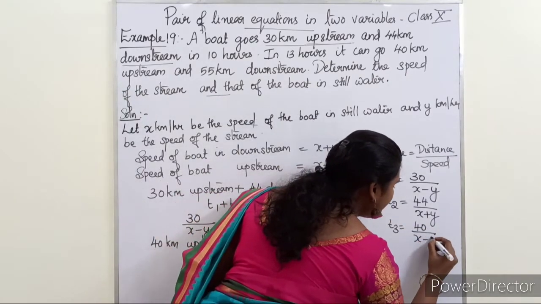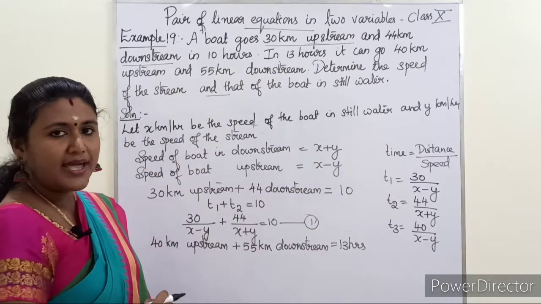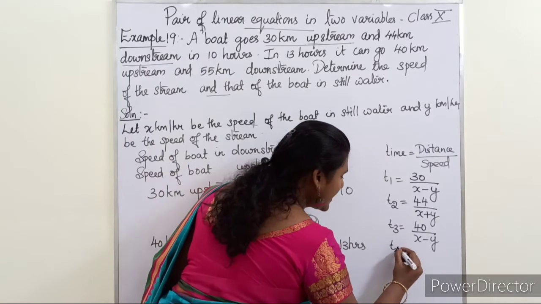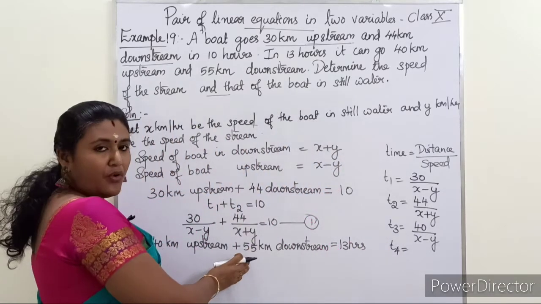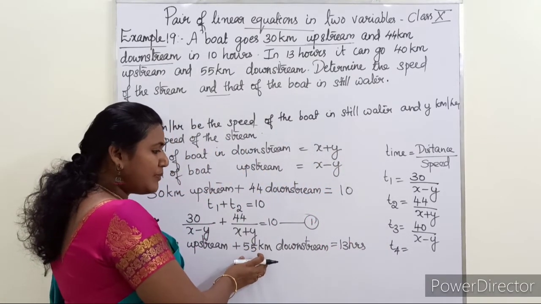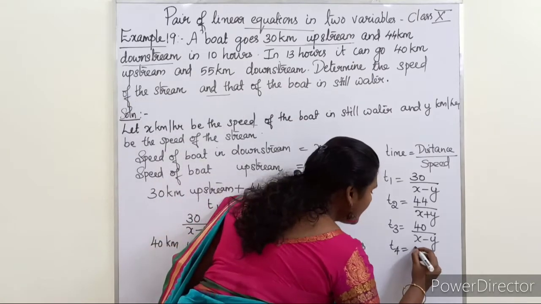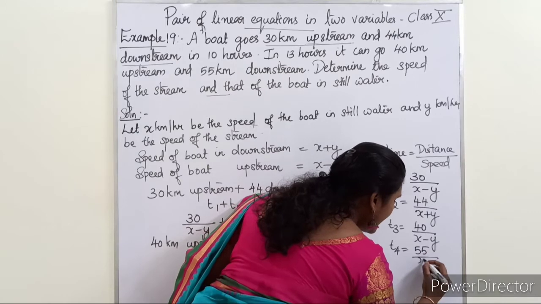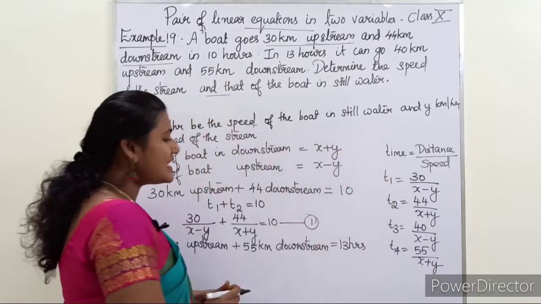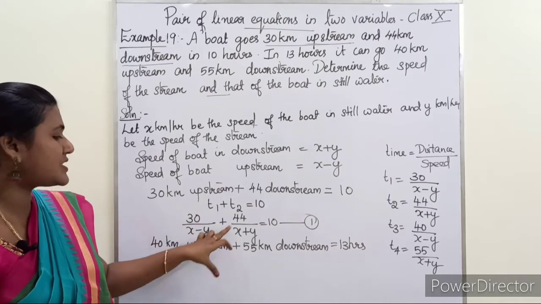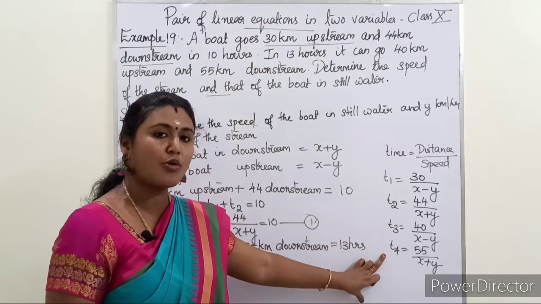And the second time we will denote as T4. So T4 is the time taken by the boat to travel 55 kilometer downstream. So we can write 55 by x plus y. So this is the time taken for traveling 40 kilometer upstream and 55 kilometer downstream.